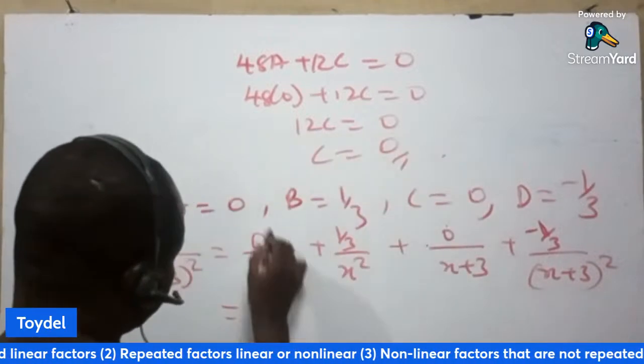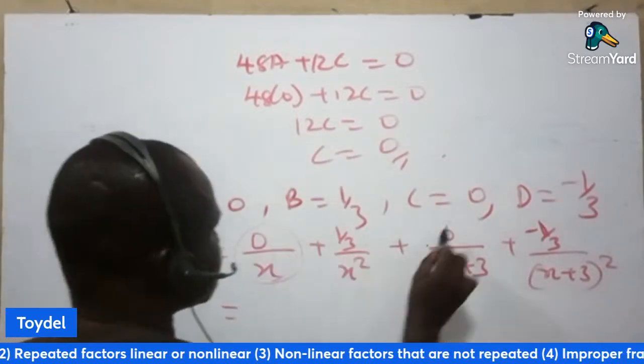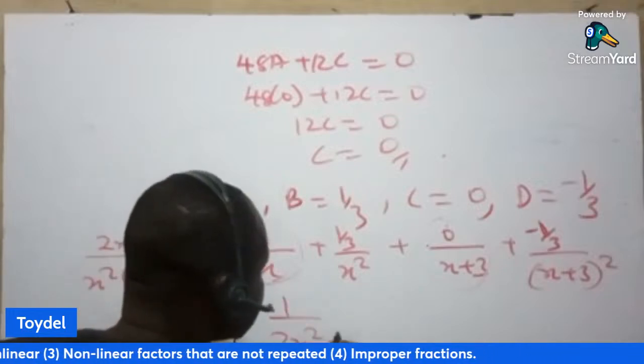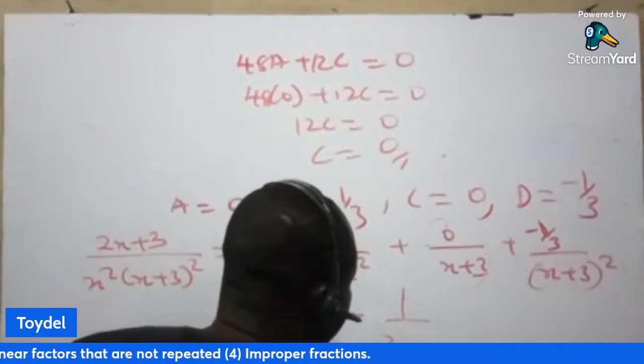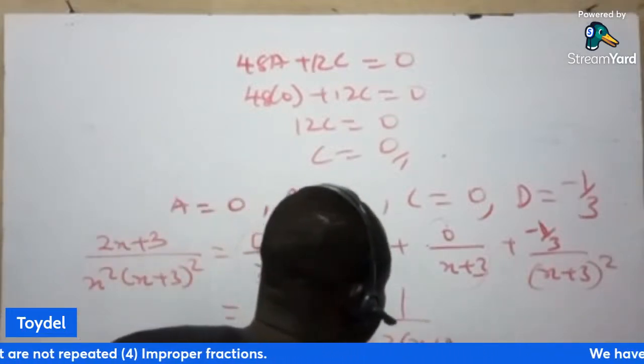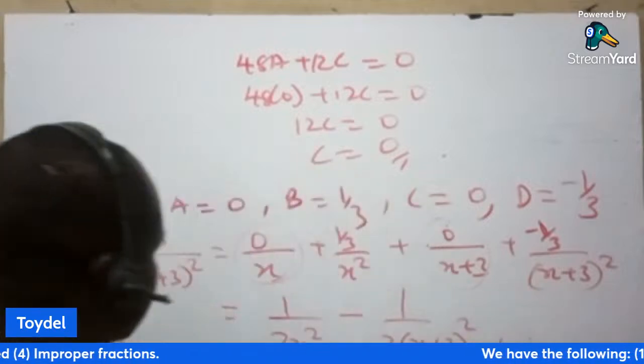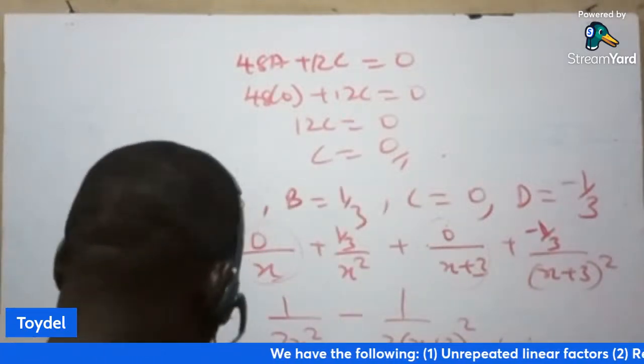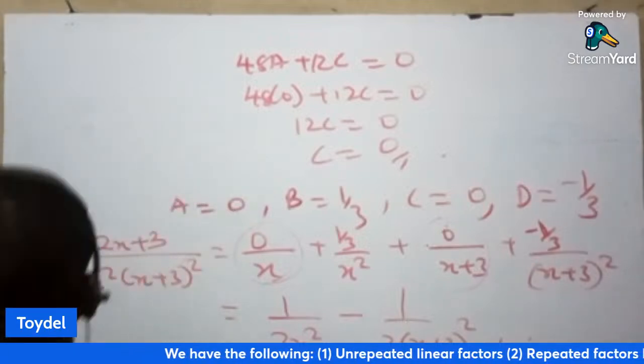So if I write this, of course, these will be 0. I will just have 1 all over 3x squared minus 1 all over 3 into bracket x plus 3 all squared. And that will be the final answer that we have under the given example.